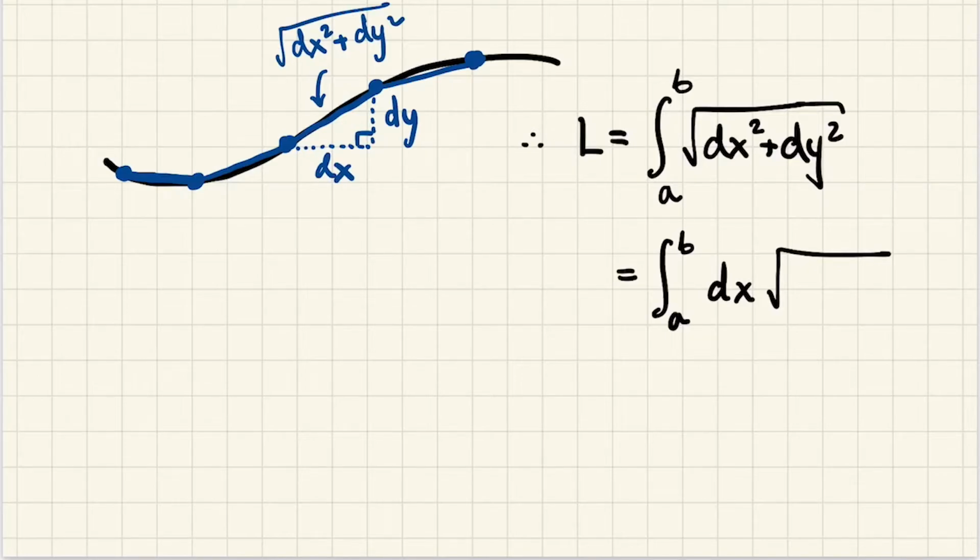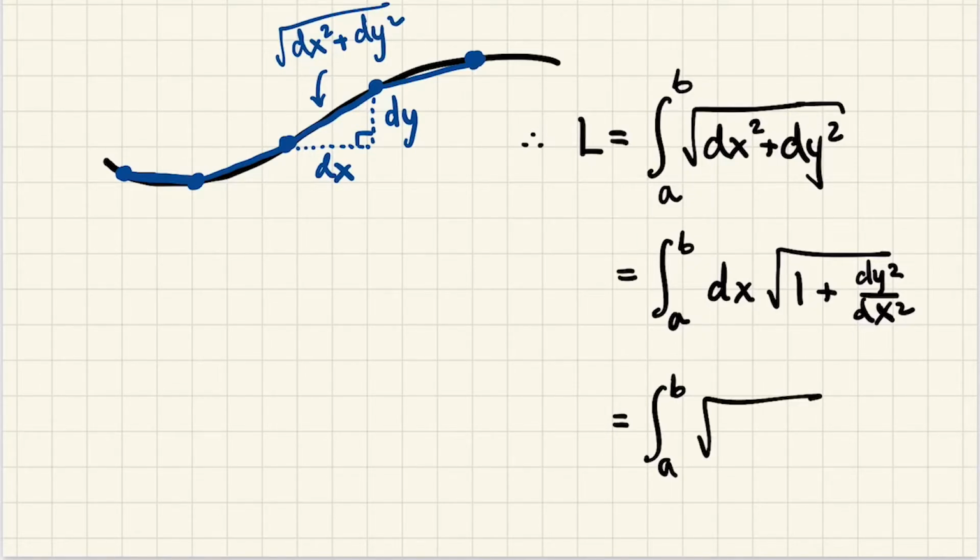That leaves us with dx squared over dx squared, which is 1, plus dy squared over dx squared. Okay, well, this is actually perfect because we can move this dx factor to the far right, which is where we want it, and that leaves us with this radical of 1 plus dy squared over dx squared.